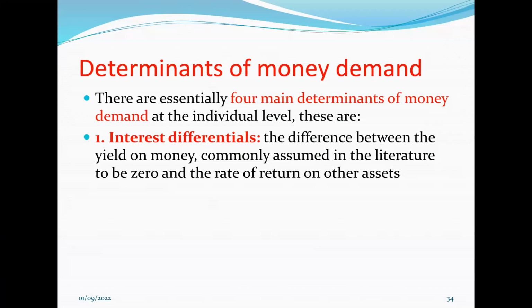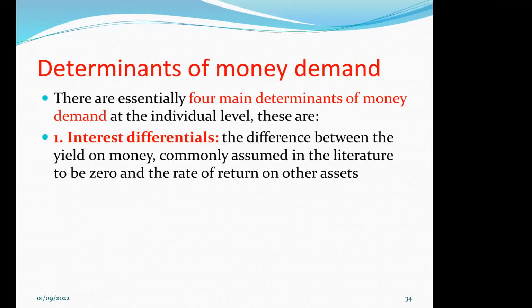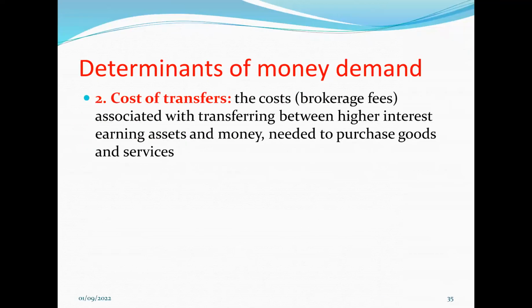Number one, the interest differentials, which is the difference between the yield on money, commonly assumed in the literature to be zero, and the rate of return on other assets.